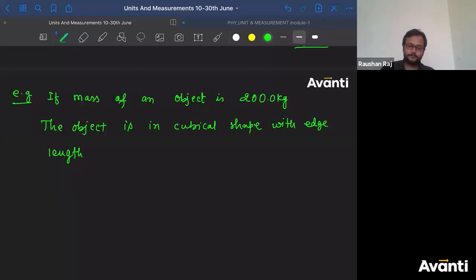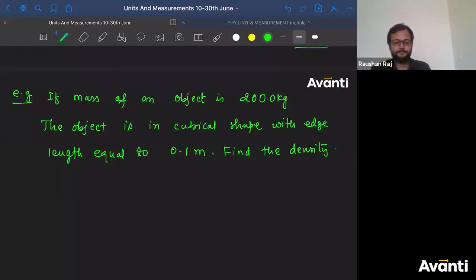So the object is in cubical shape with edge length equal to 0.01 meters. Find the density.